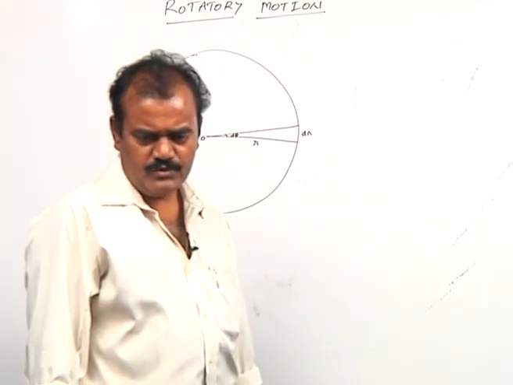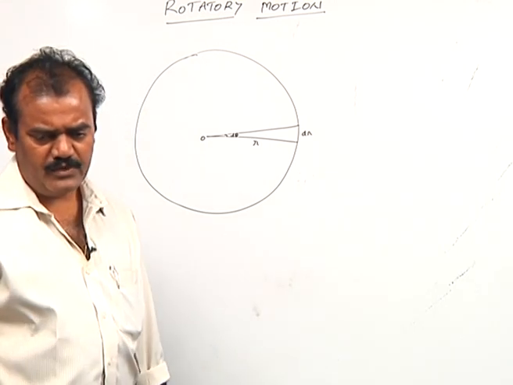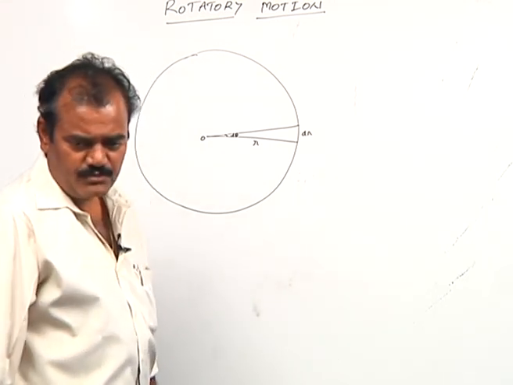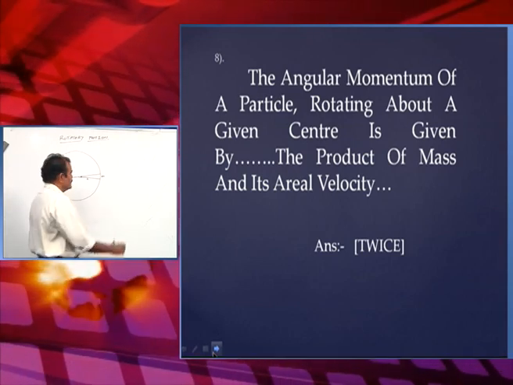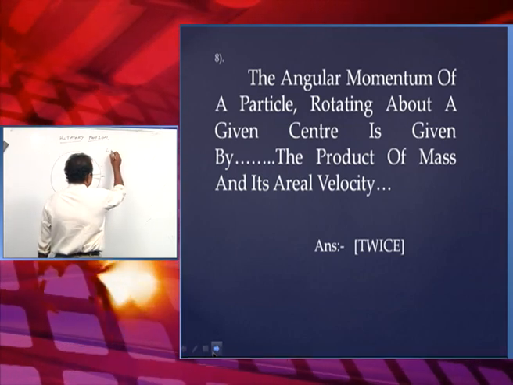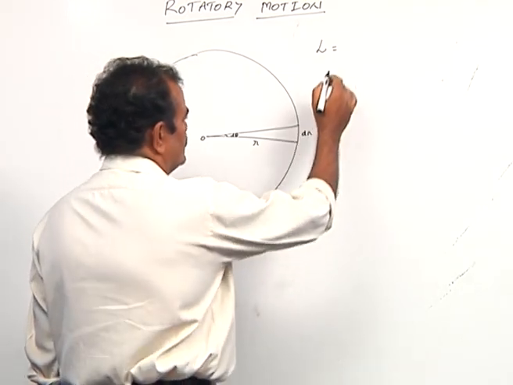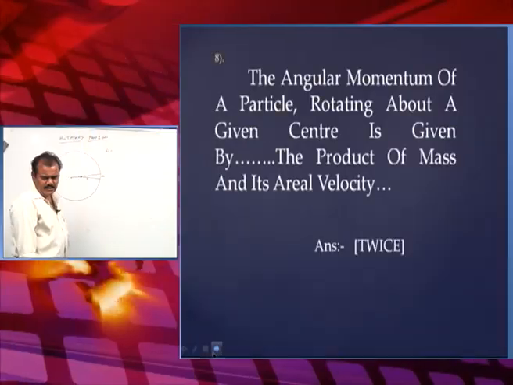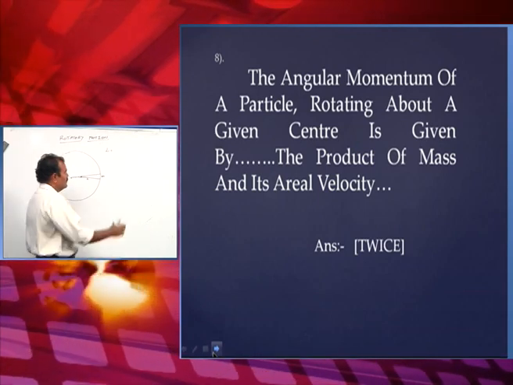Now you are supposed to prove that the angular momentum of a particle rotating about a given center is given by L equal to I omega.